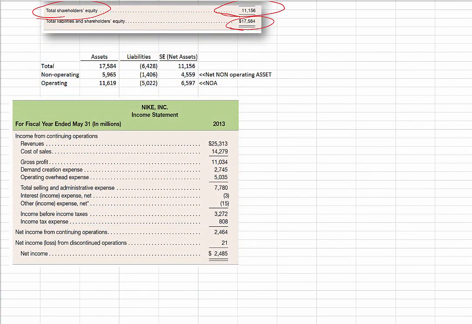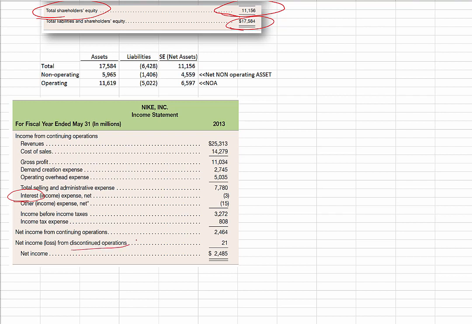And now let's take a look at computing NOPAT. I need to pick my operating items out of the income statement. And the rule is, unless it's clearly non-operating, then we'll include it as operating. So the only non-operating item, income or expense, I see is interest.